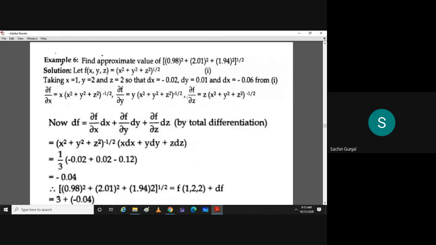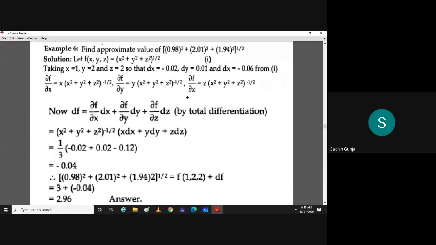We'll look at this problem of approximation and then we'll stop. Find the approximate value of (0.98 square plus 2.01 square plus 1.94 square) whole thing raised to 1 by 2 using theory of approximation or using partial derivatives.